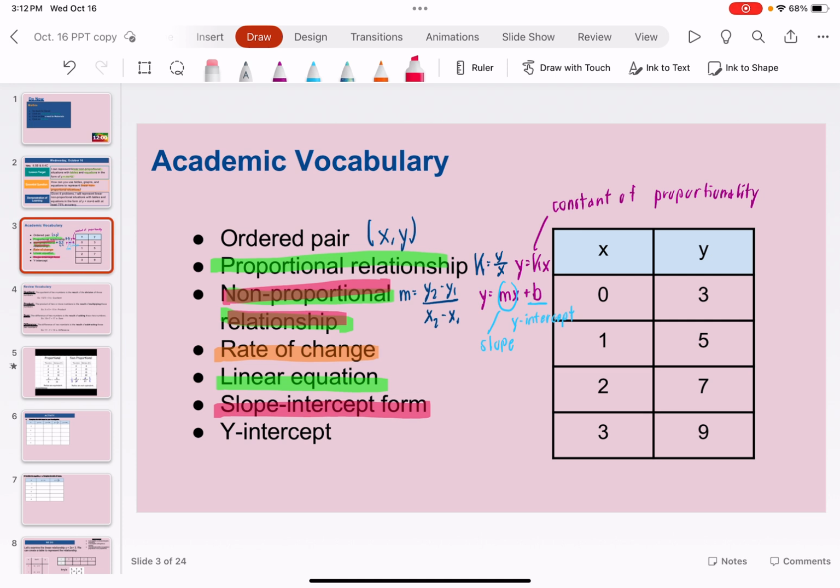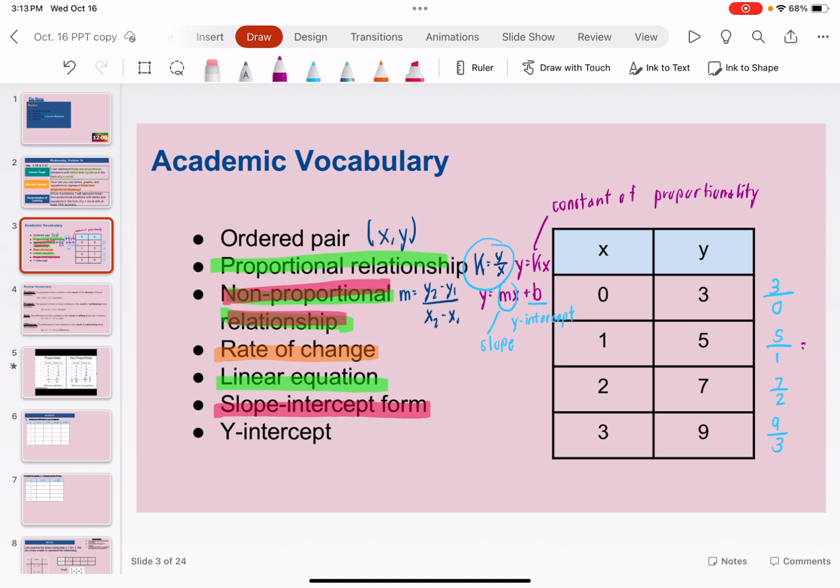So here we have this table: 0, 3; 1, 5; 2, 7; 3, 9. If we wanted to figure out whether this is proportional or non-proportional, we can try using this equation, k is equal to y over x, right? So we would do 3 divided by 0, 5 divided by 1, 7 divided by 2, 9 divided by 3, just to see if they're all the same. So 3 divided by 0 is undefined.